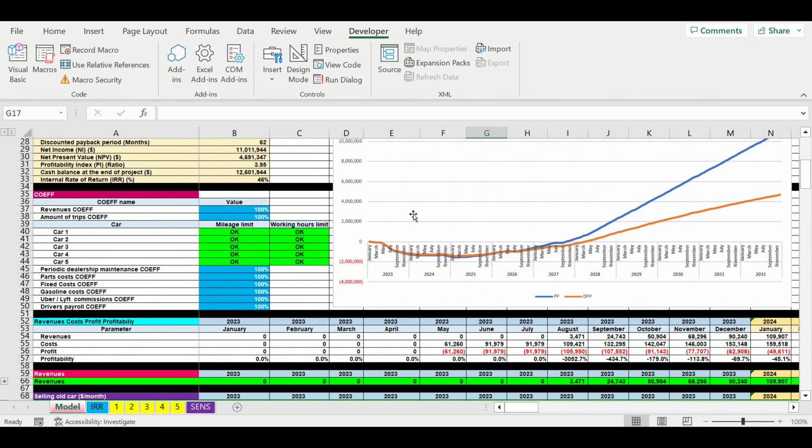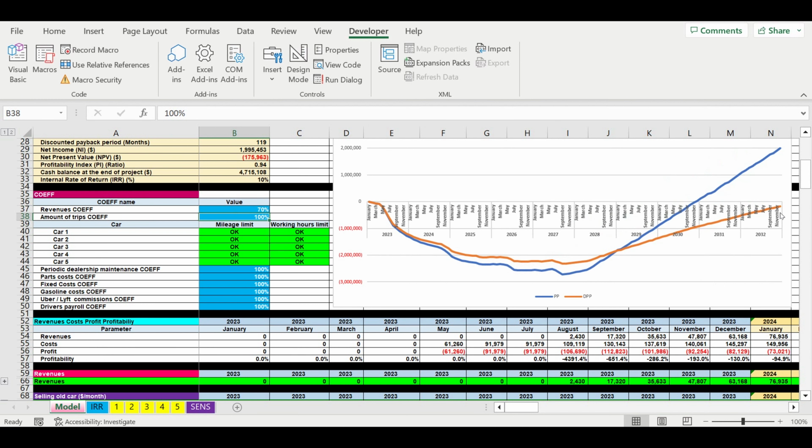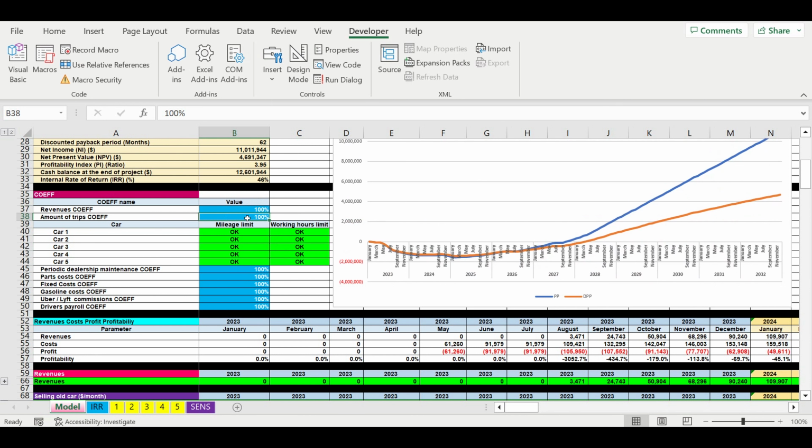Then, for example, we can quickly increase the revenues for our model. If we want to increase the revenues by 20%, we can do it here. Or if we would like to take only 70% of current revenues, we can do it here and see what will happen. Then, for example, we can increase the amount of trips.